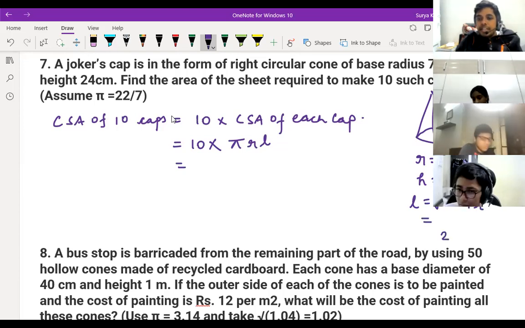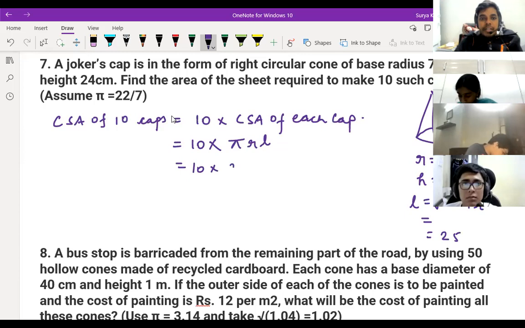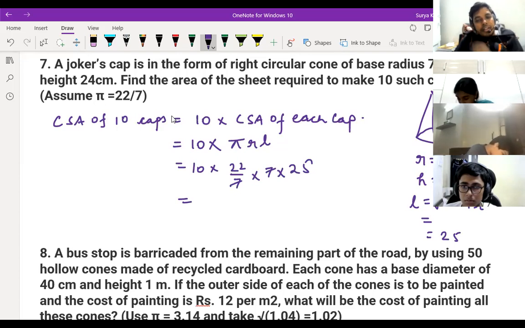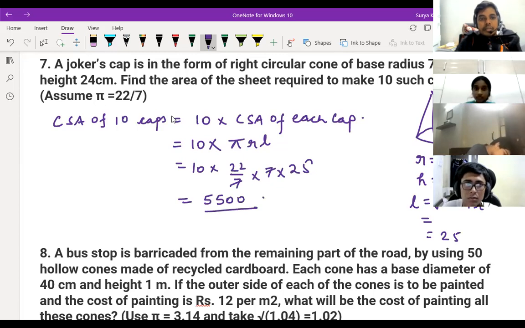If you find L, you'll get 25. So 10 into 22 by 7 into radius 7, length 25. So 7 gets cancelled. 25 into 22, 25 into 20 is 500, plus 50 is 550. So 5500 centimeter square for 10 caps. This is the area of sheet required. This much area of sheet is required to make 10 caps like this.